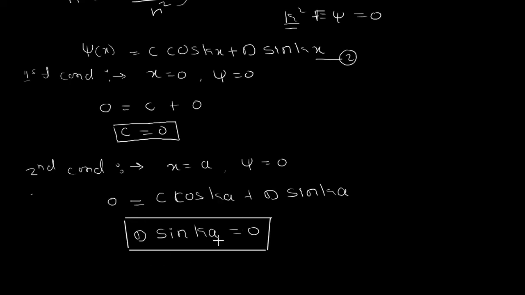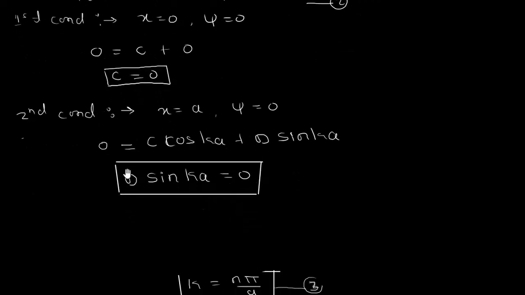Now once again we are in trouble. Why? Mathematically we got d sin ka equals 0. d must not equal 0 and ka must also not be 0. If we consider it equal to 0, then the entire derivation we are trying to solve will vanish and it will be a waste of time.